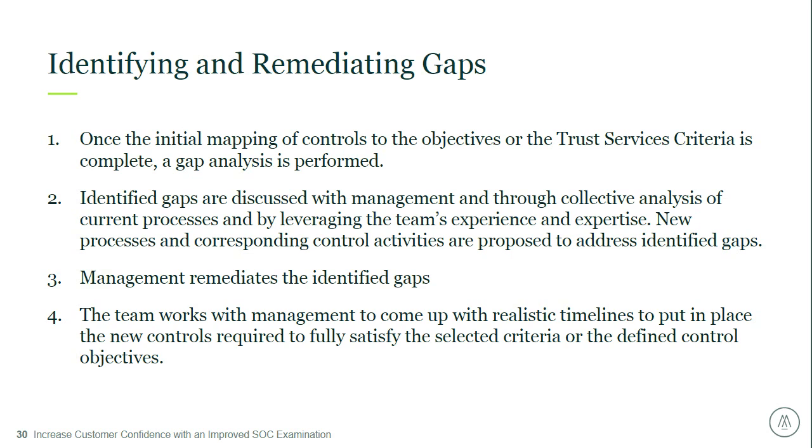It's management's responsibility, so once those are identified, management will go off and remediate those gaps. After a period of time, once they're remediated, the next step is planning for the formal audit going forward.